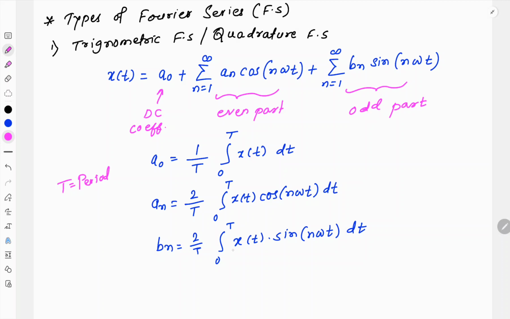Therefore you can take these integrations from 0 to T or minus T by 2 to plus T by 2. So in this way we have the trigonometric Fourier series and its coefficients.